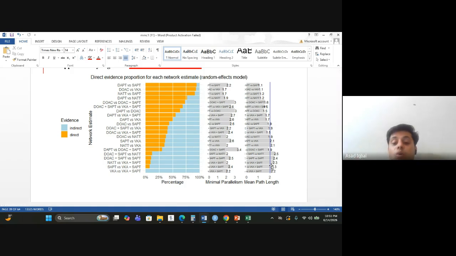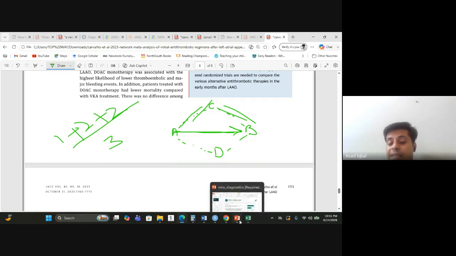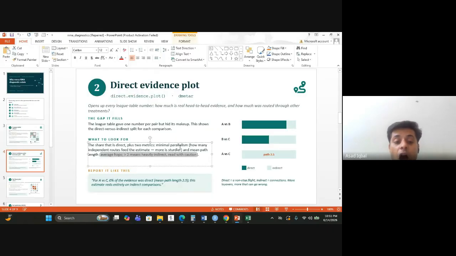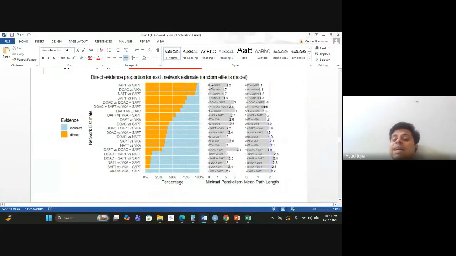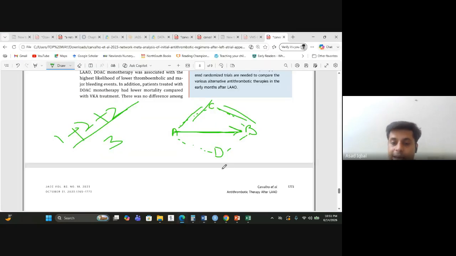What is meant by minimal parallelism? Minimal parallelism means how many independent routes feed that estimate. More is better. Like here, for example, DAPT versus SAPT, how many routes are going to this? If I ask you, how many routes feed this relation estimate? There is 1, there is 2, and there's 3.